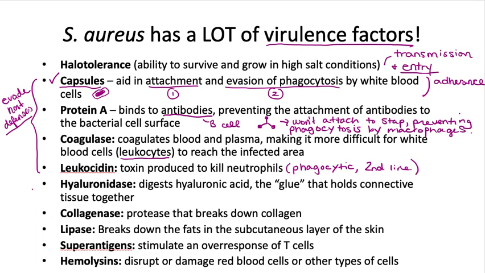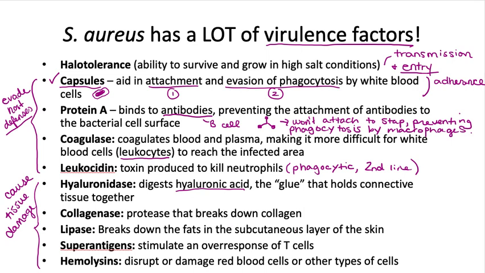The next group of virulence factors help Staph aureus cause damage. Hyaluronidase digests hyaluronic acid, which is a fiber or a glue that holds the connective tissue of that dermis layer together.